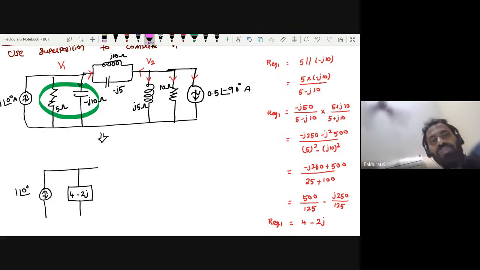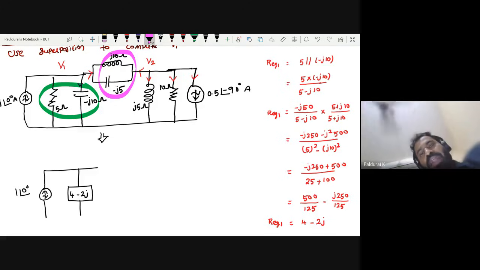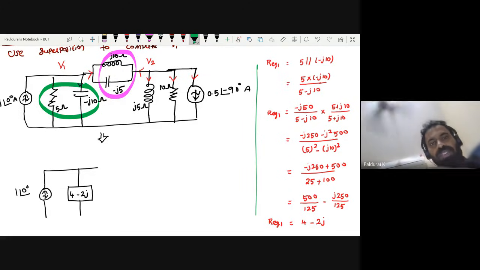Now can you reduce this? J10 and minus J5 are connected in parallel. How will you do this time? Anyone? Just calculate by yourself. And in case of any doubt, refer to the board. Take this one as R equivalent 1 and this one as R equivalent 2 just for our reference.